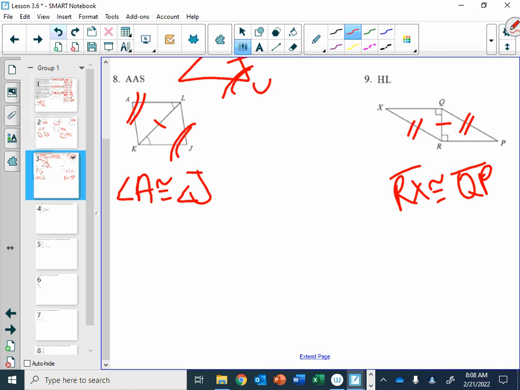For hypotenuse leg, you need a hypotenuse and a leg. I said that I had this leg, which means now I need my hypotenuse, and my hypotenuse is always across from the right angle. So I have to have my hypotenuse and a leg. I have my leg, so I needed my hypotenuse, so I need the sides that are across from the right angle. Good question.